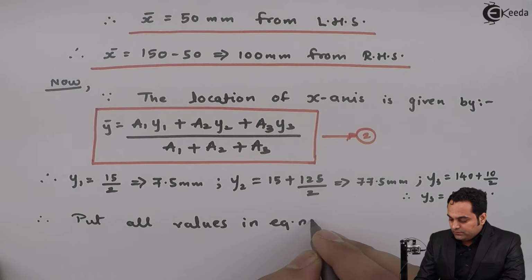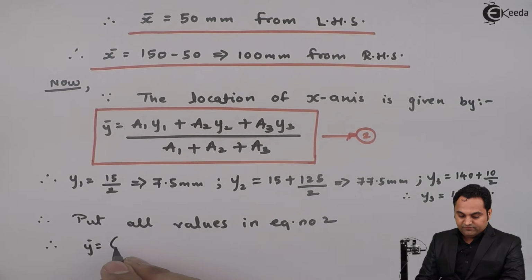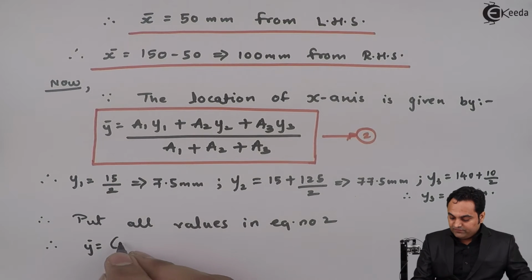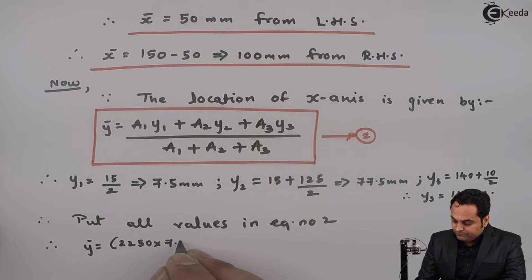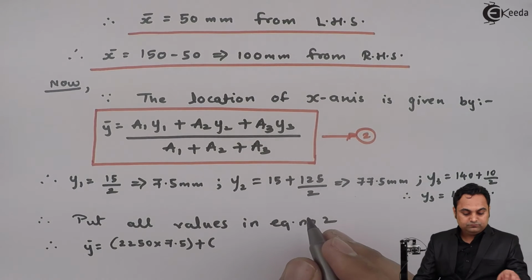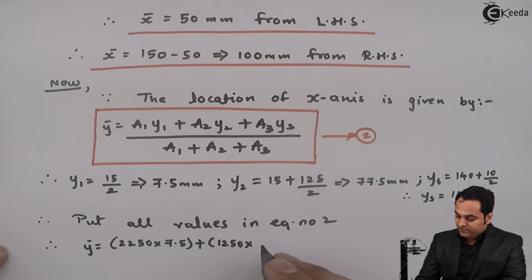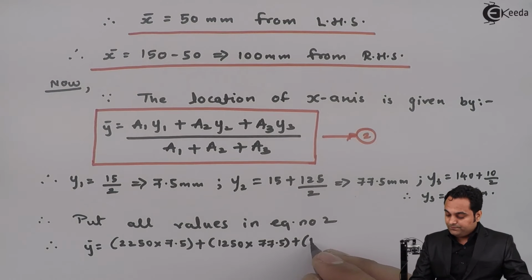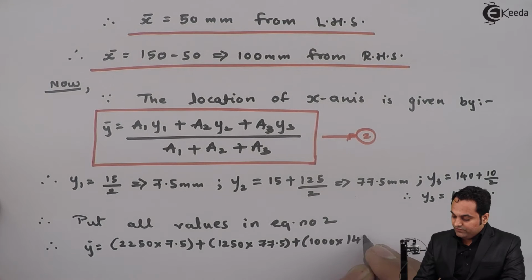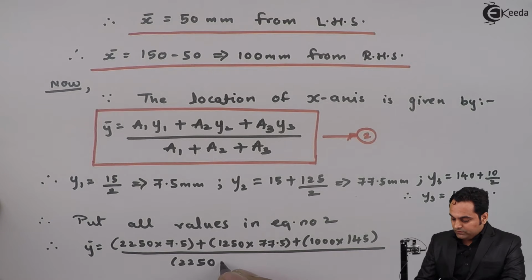So now after getting y1, y2 and y3 values, I can put all values in equation number two. So y bar will be equal to area 1, which we found out was 2250, into y1 is 7.5, plus area 2, that was 1250, into y2 77.5, plus area 3, that was 1000, into y3 is 145, divided by area 1 plus area 2 plus area 3.